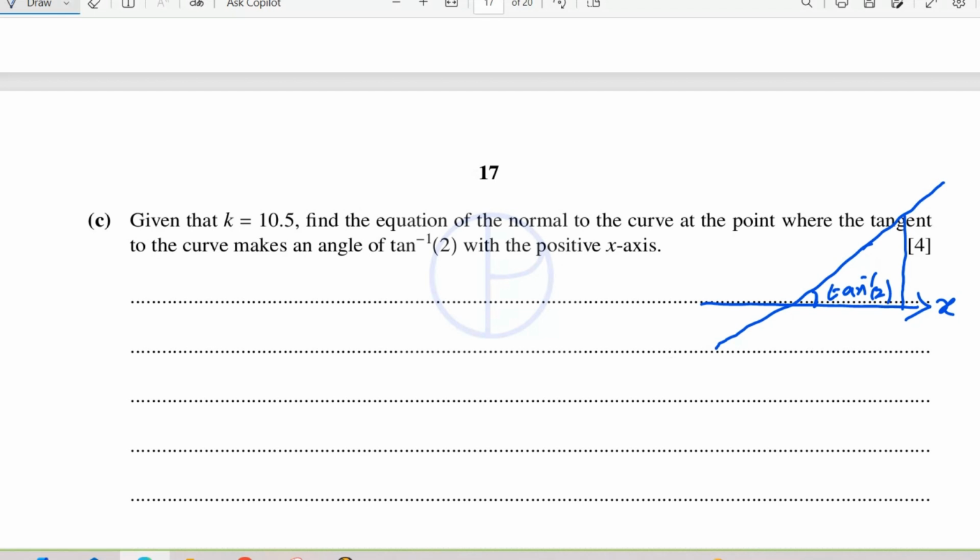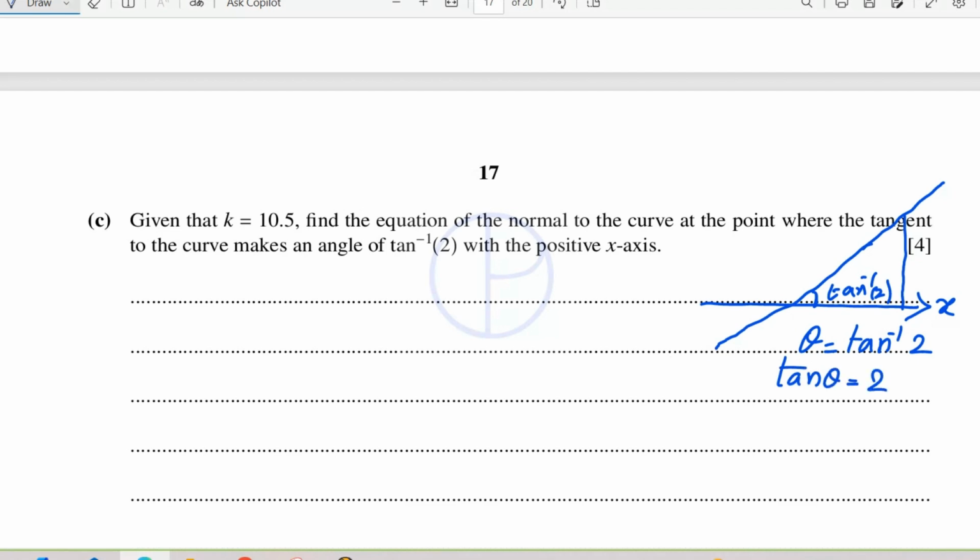So the angle theta is equal to tan inverse of 2. That means tan theta equal to 2.